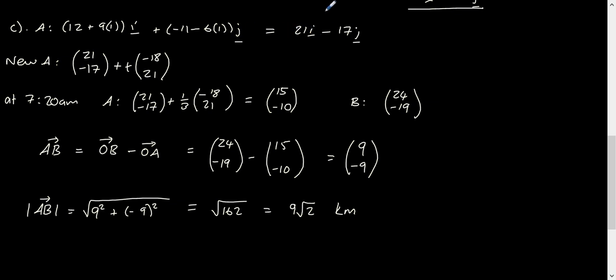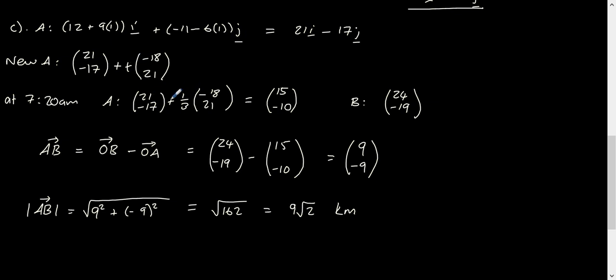So we worked out where it was when it realized it needed to change course. Then it had a new velocity that it was traveling on. The question asked us, at the time of the initial collision, where would A be now, effectively? So at 7:20 a.m., we had to substitute 1/3 into this position vector.